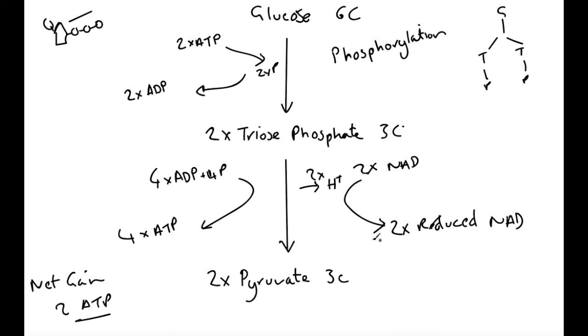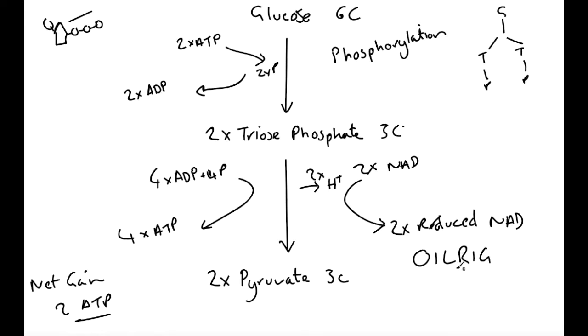If you remember back to some chemistry, you have the thing called OIL RIG. Oxidation is loss, reduction is gain. So in this case, 2 hydrogen ions have been gained here, so that's a reduction.